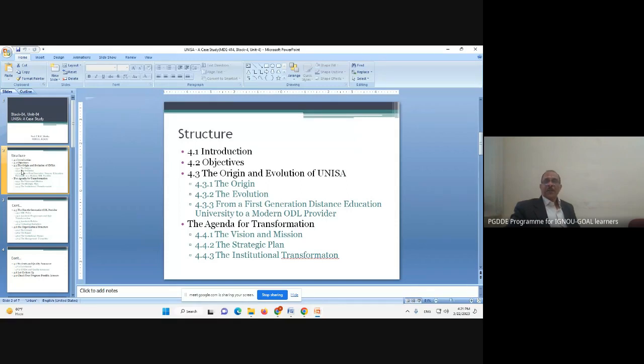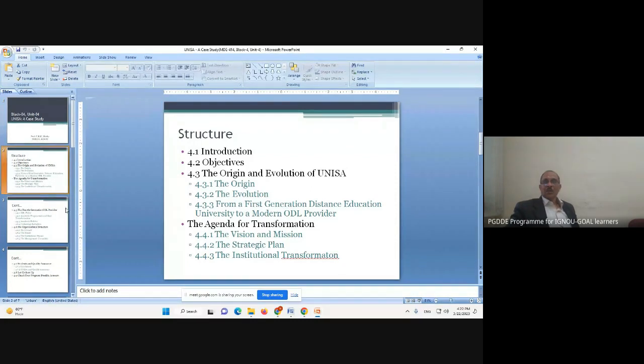UNISA was a very old institution in the world itself. Though in the form of distance education, in the form of Open University, it was the UK Open University, but UNISA was in existence much before, in 1940 and 50 itself. But it did not become a distance education institution all over the world. That's how it was not counted.